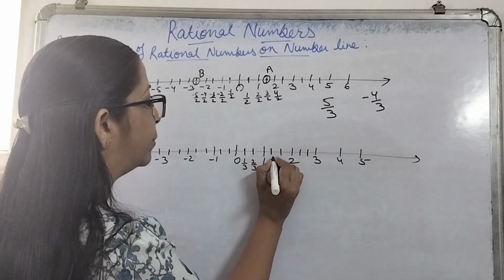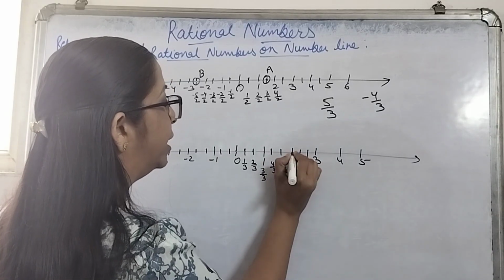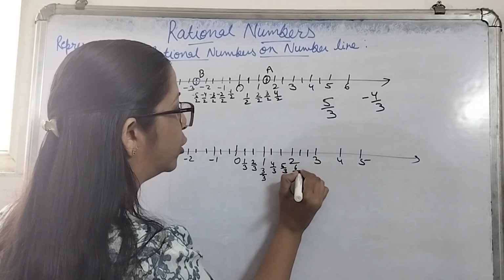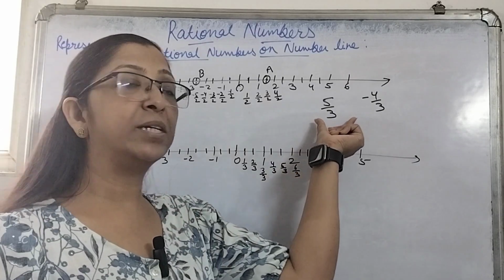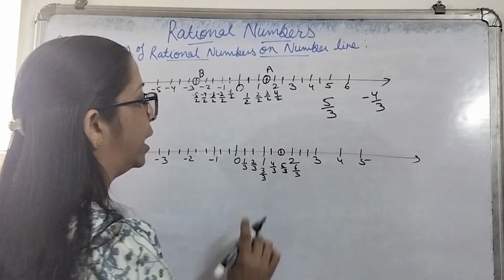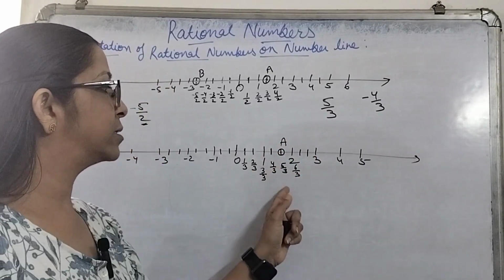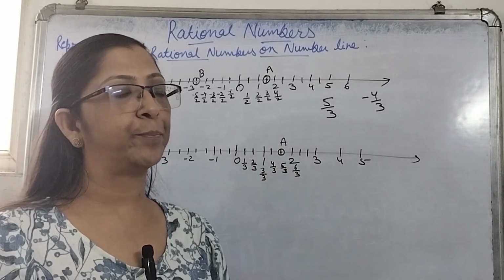The next point will be 4 upon 3. Next will be your 5 upon 3, and 2 could be written as your 6 upon 3. We have to represent 5 upon 3. So this point is your 5 upon 3, and this could be named, say, A. So point A is representing your 5 upon 3.